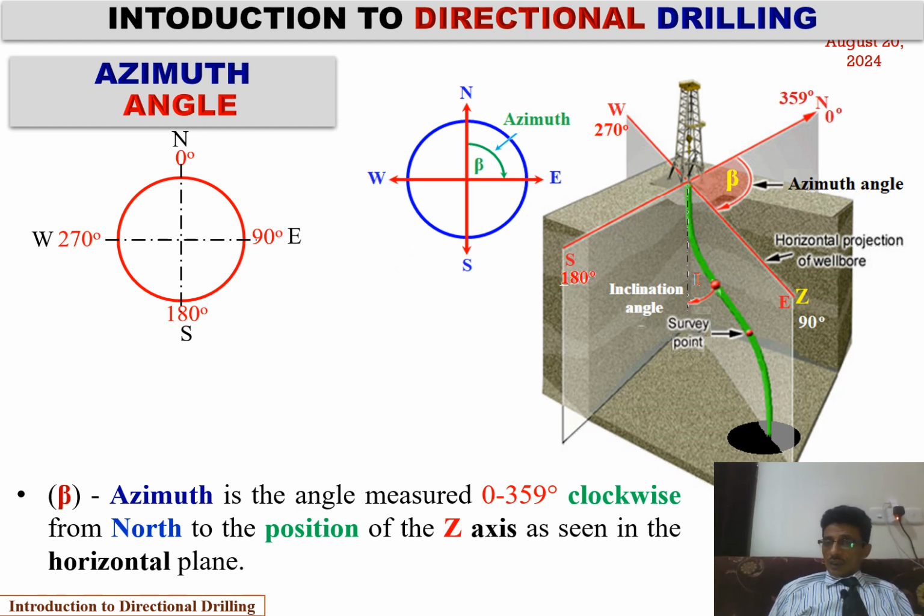From north we start from 0 degrees, 90 degrees east, south 180 degrees and 270 degrees west. If we have 20 degrees from north to east, that means the direction will be on this side. So we should know the direction of our target and the well from the vertical and horizontal view.